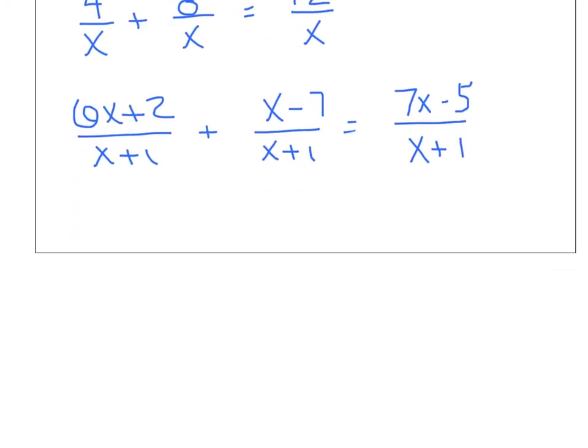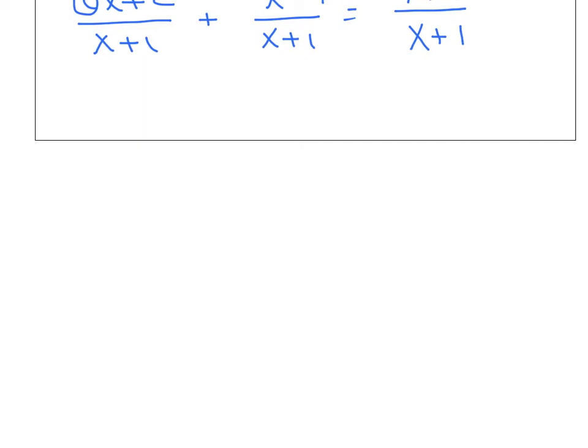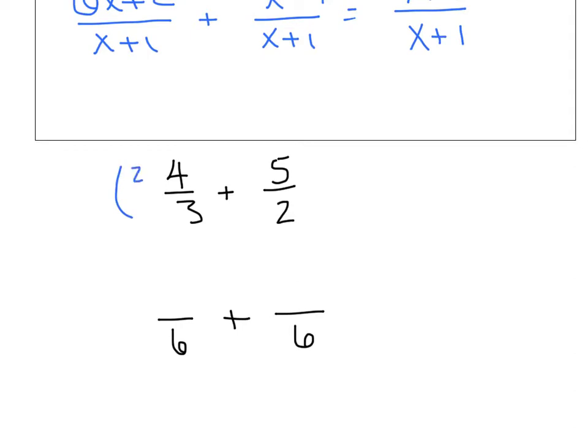But things started to get a little bit goofier when they asked us to add fractions like 4/3 plus 5/2. And everything came to a screeching halt because we didn't have those common denominators, and we said, well, I do believe that the common denominator shall be a 6. So I said, I'm going to multiply that first fraction by 2 over 2, which is a well-disguised what? Yeah, it's just a value of 1.